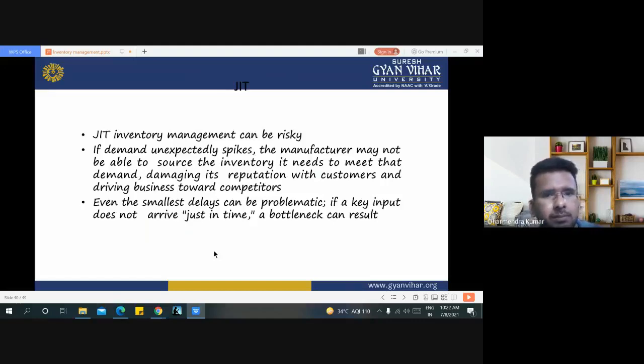If demand unexpectedly spikes, the manufacturer may not be able to source the inventory it needs to meet that demand, damaging its reputation with customers and driving business towards competitors. Even a small delay can be problematic if a key input does not arrive just in time, or bottlenecks can result. This is the overall picture of just-in-time manufacturing.